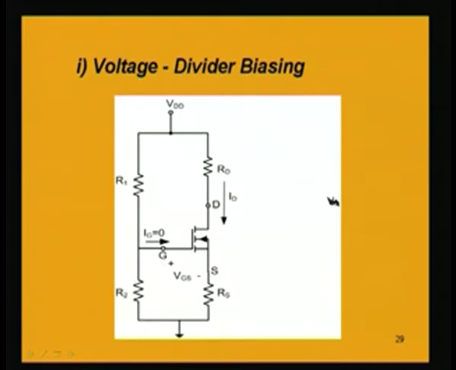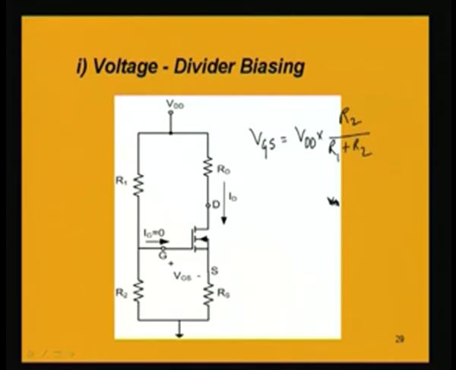The voltage across this R2 we can immediately write down. VG is equal to VDD into R2 by R1 plus R2.